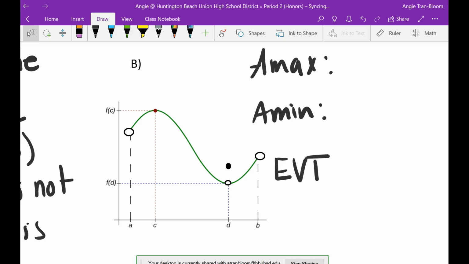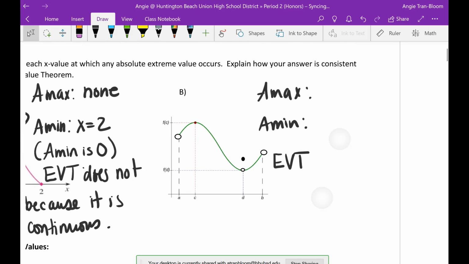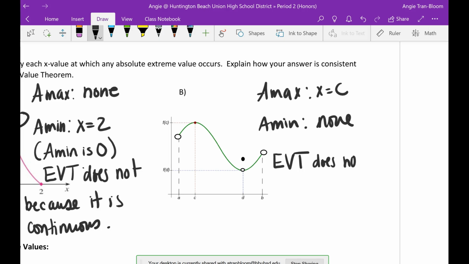Brandon, X equals C. Is Brandon right? Yes. Amen. Jason, yes, no, maybe? Great. Extreme value theorem. Is it consistent? No. Okay. Does not apply because it's not closed, you're right.